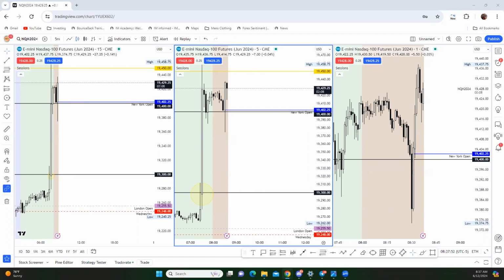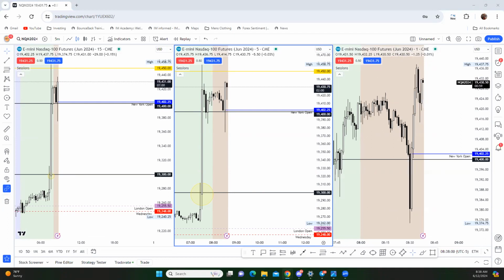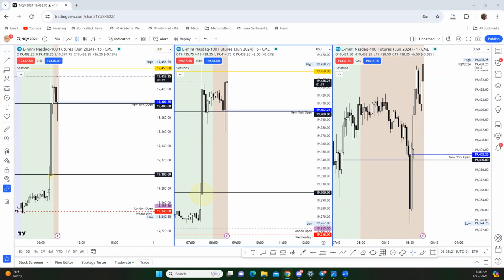ES still showing weakness under New York Open right now, and so is YM, so it's pretty interesting. Tesla showing a lot of strength. Apple very bullish as well. Just being patient here. No signs of weakness on NQ to me. I mean, it's just looking more bullish.